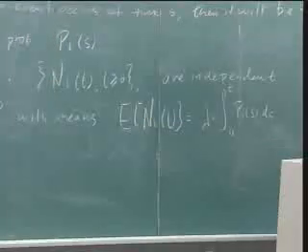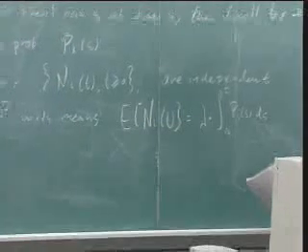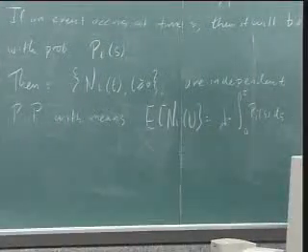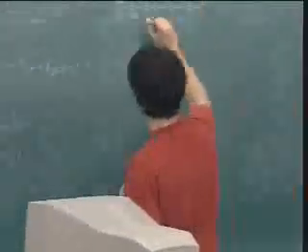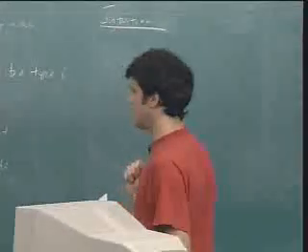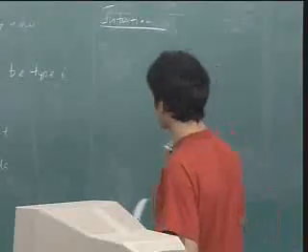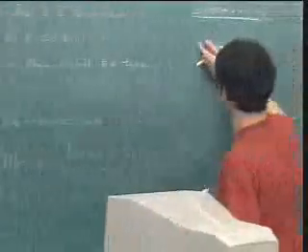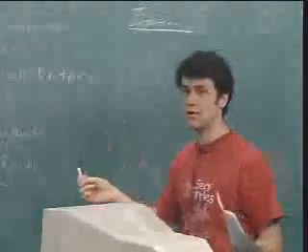And you can look in the book for a derivation of that, but the intuition, you don't really need to write this down, is that say a random event occurs at some time.